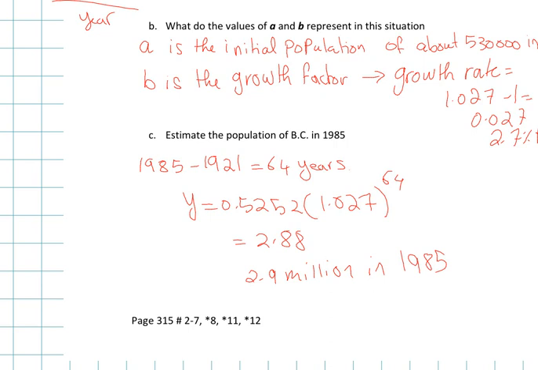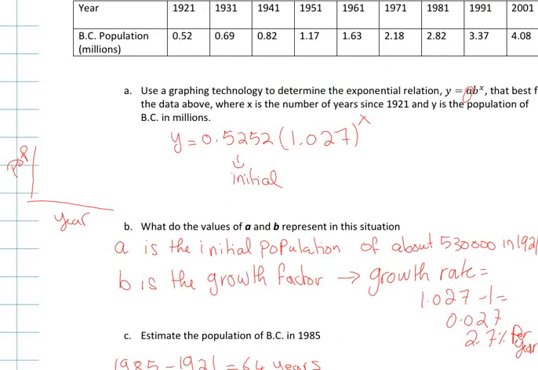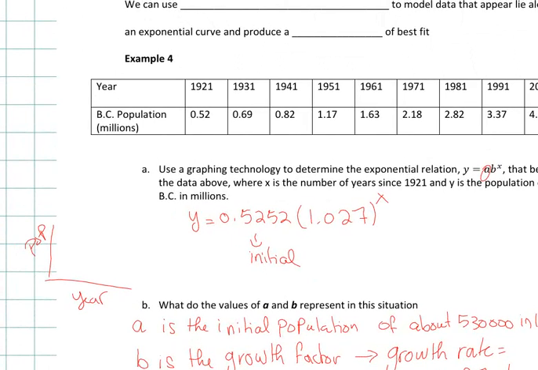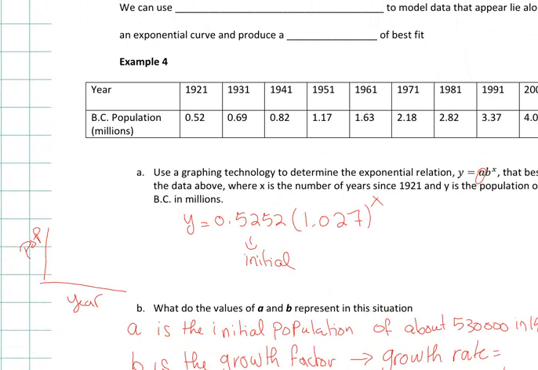If I go back here, 1985 is between 1981 and 1991, right? So it's 2.88, which is 2.9, in between these two values. Yes, it does make sense, right? Are you guys okay with this?